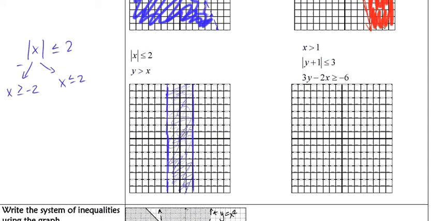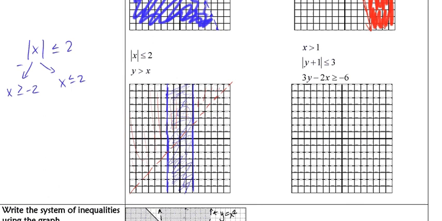it's going to be a dotted line right through slope of 1 and a y-intercept of 0, and I'm looking for where y is greater than, so it's greater than over here, and my solution set then is where they are both true.